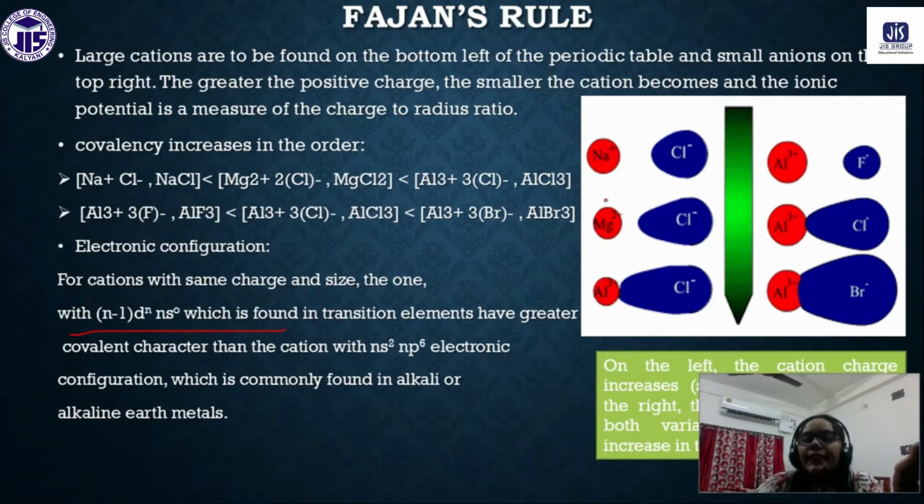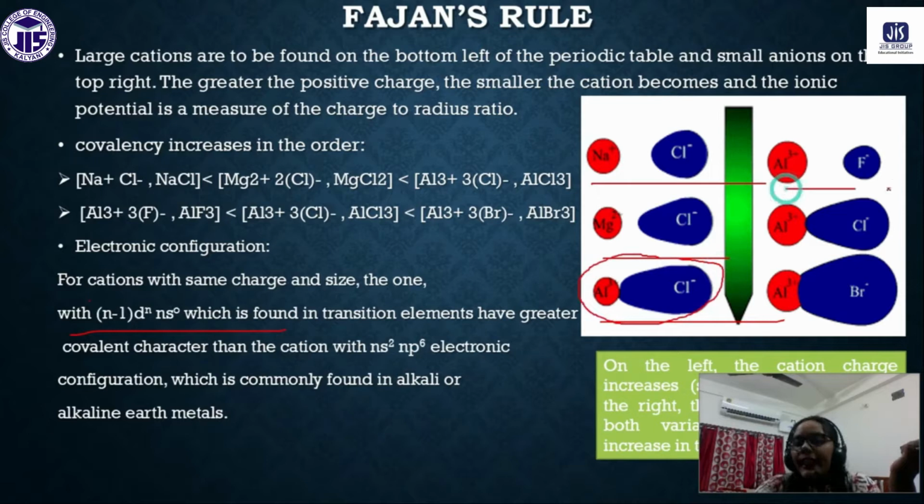Here you can see sodium chloride, magnesium chloride, aluminum chloride. Between these three, aluminum chloride has a higher tendency to make the covalent bond. Again, aluminum fluoride, aluminum chloride, aluminum bromide. The size of the bromine will be higher, and as the size of the anion is higher, the covalent character will be higher.